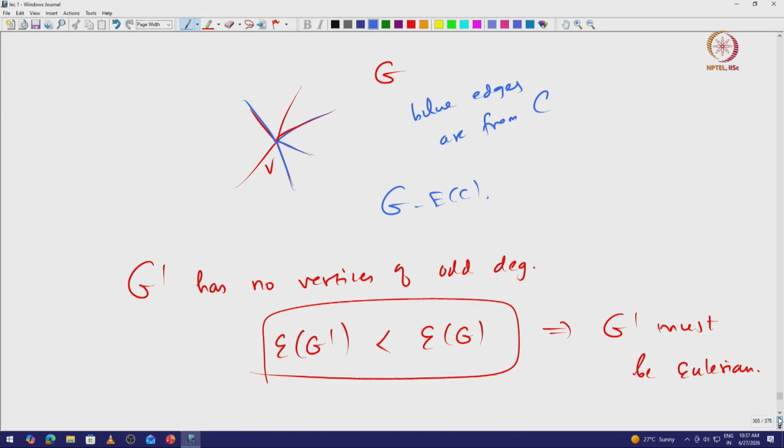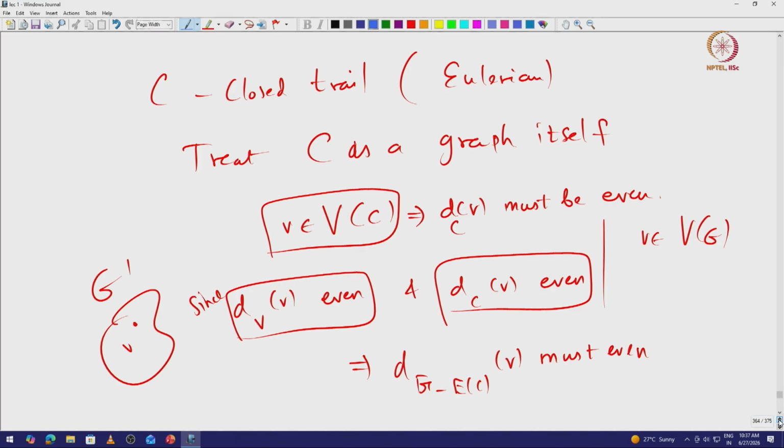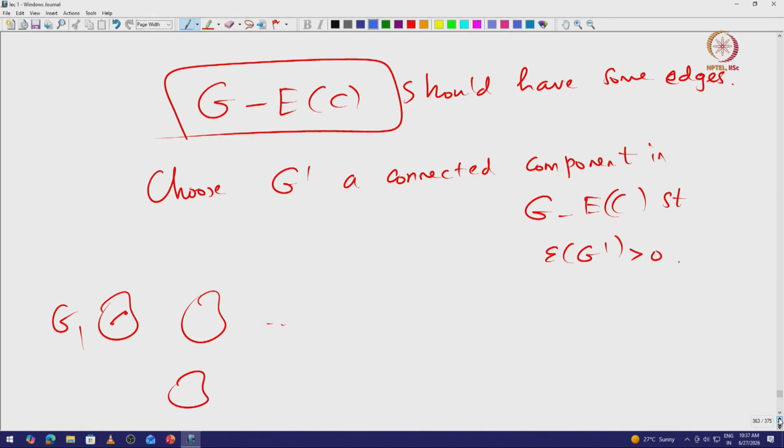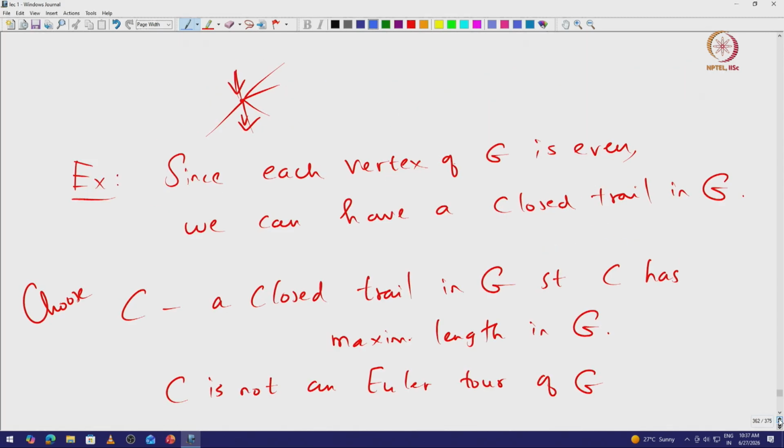If we go back to the choice of C, we chose C such that it is of maximal length possible. So, this contradiction came from assuming a counter example exists. That tells us that we cannot have any counter example. So, that proves the converse of the theorem.